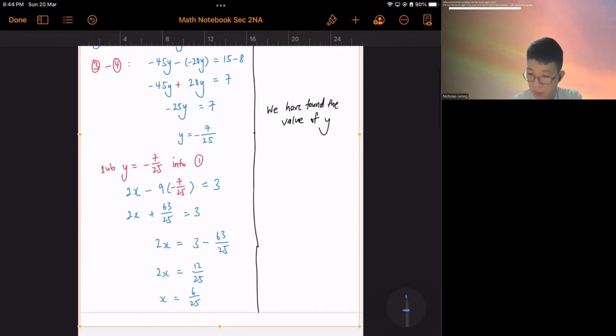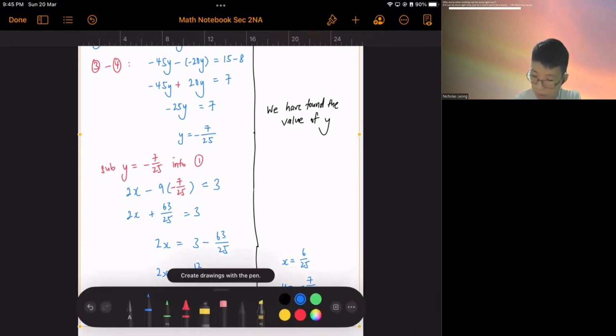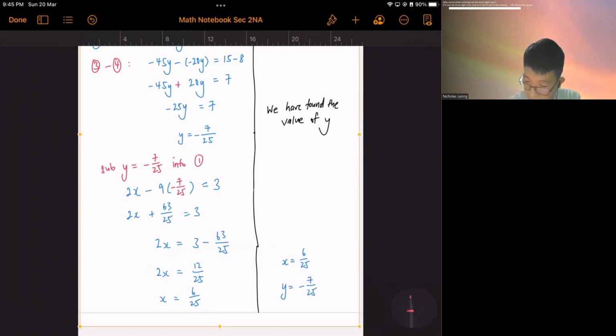So the value of x and y will be x equals 6 over 25, while y equals negative 7 over 25. These are the solutions to your simultaneous equation.